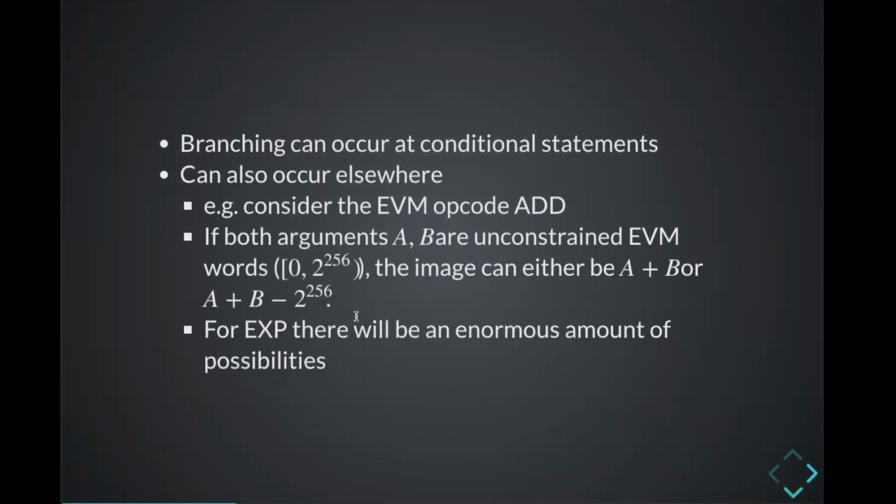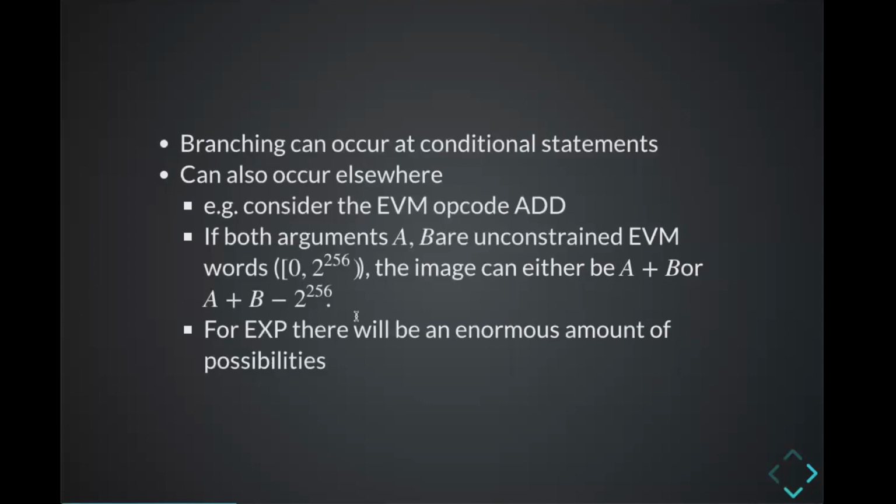For example, consider the EVM opcode add, or equivalently, the high-level Solidity operator plus. If both of the arguments A, B are unconstrained EVM words, then the image or the output of the function can either be A plus B or A plus B minus 2 to the 256 in the case of overflow.